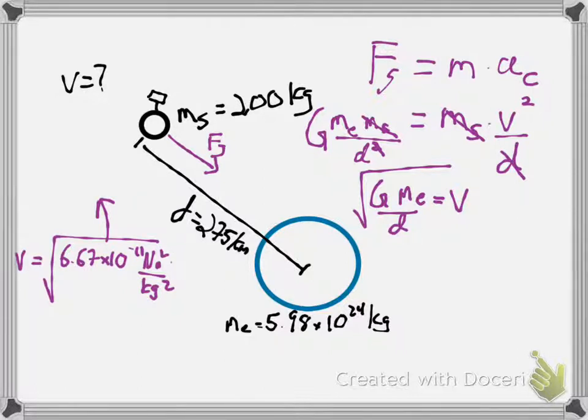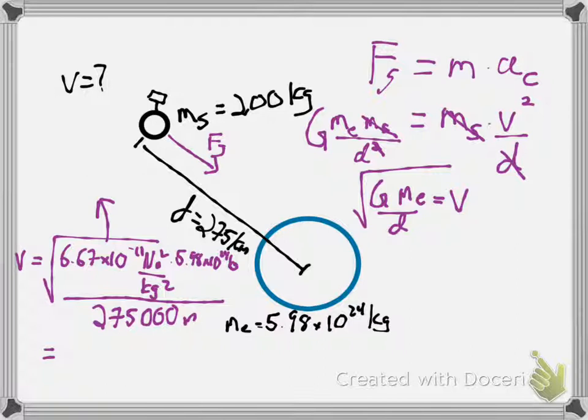And that's going to be times our 5.98 times 10 to the 24th kilograms divided by, and that separation needs to be in meters, of course, so 275,000 meters.